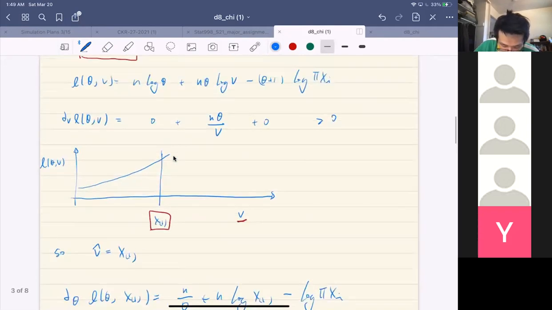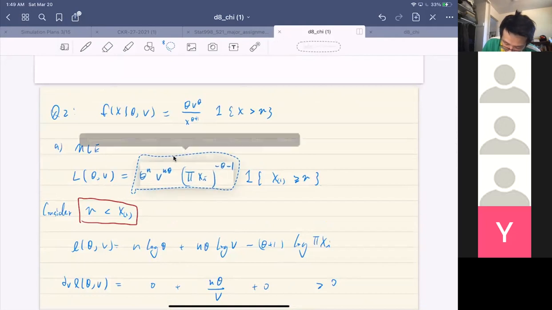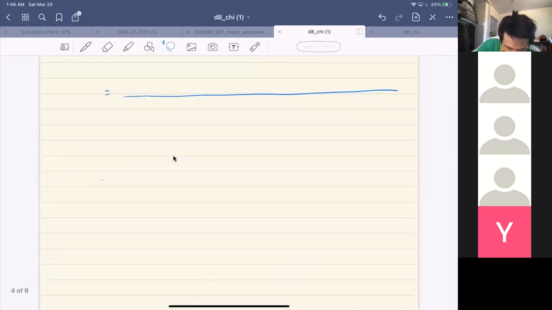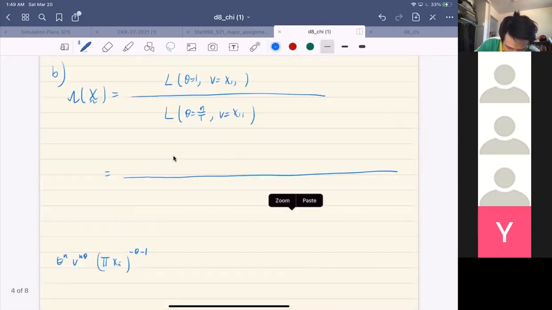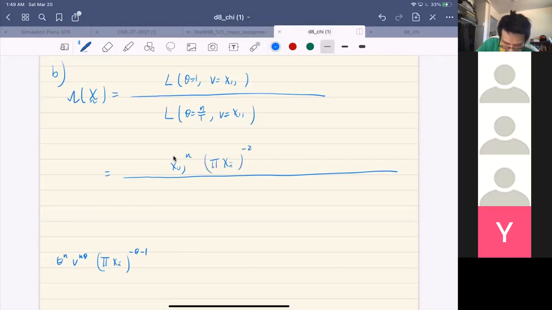So theta equal to 1. So this is S1 to the power n and the product of Xi to the negative 2.